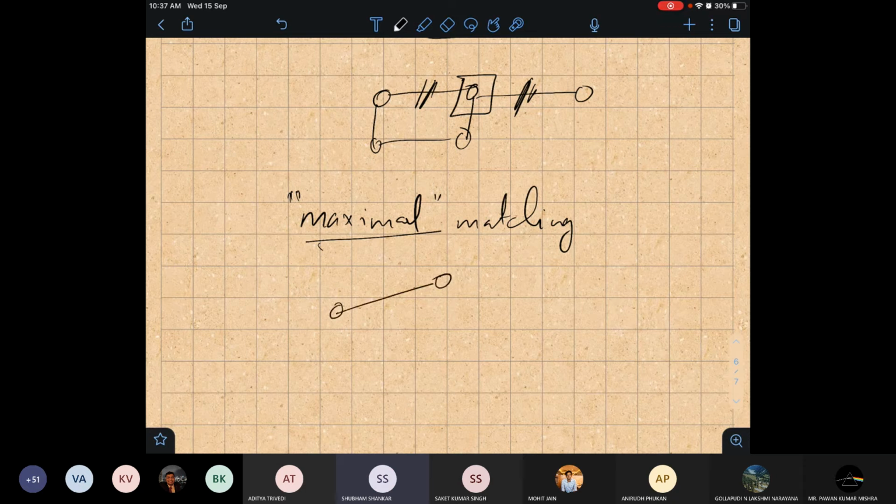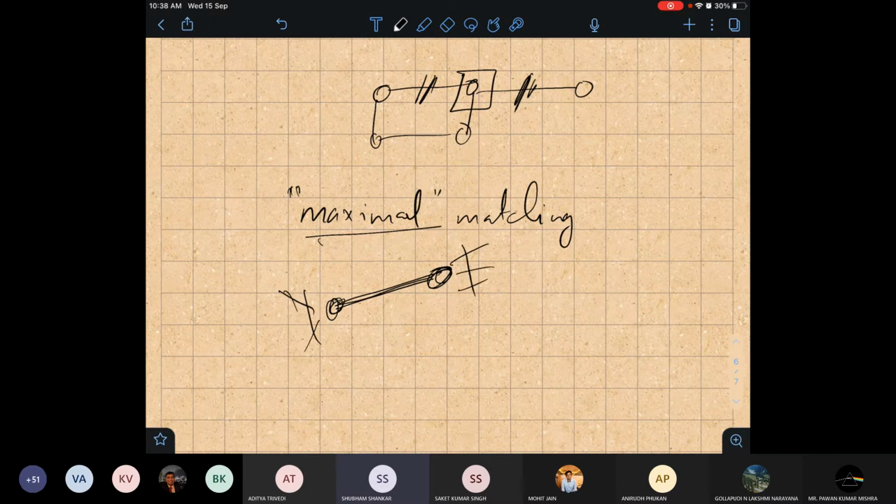No, we have to pick one edge. Maximal matching is a set of edges. We'll start with some edge, then remove all the edges associated with its endpoints, and then continue in the remaining graph. Yes, correct. This way we will get a maximal matching. I'm not talking about maximum matching.